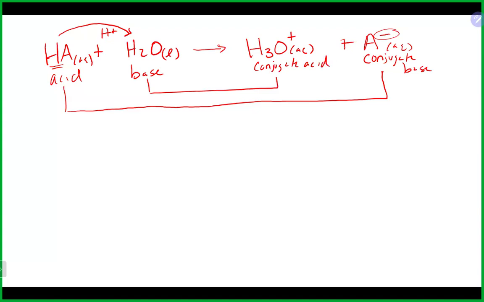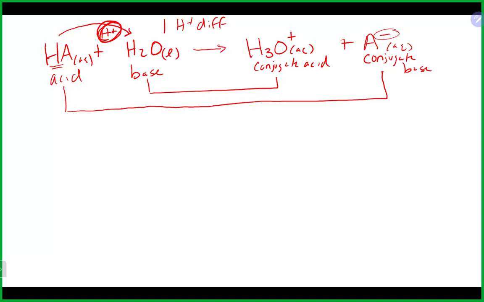These are two things that are related to each other, and the only difference between them is that one H+. One H+ difference is the only thing that should be there for them to be partners.